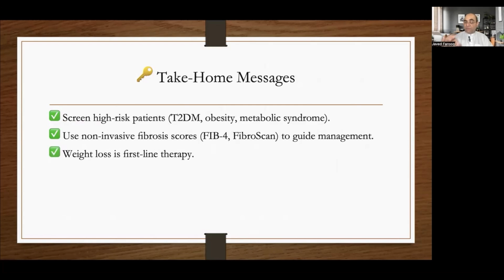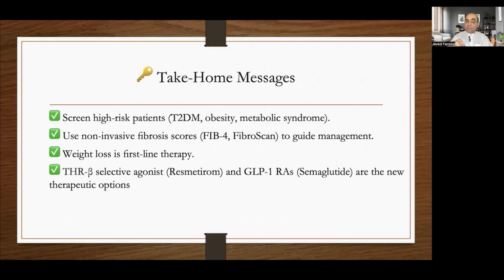Weight loss is first-line therapy. The THR beta selective agonist resmetirom and the GLP-1 receptor agonist semaglutide are the new therapeutic options. In high-risk patients, FIB-4 more than 2.67 or cirrhosis need hepatology referral.